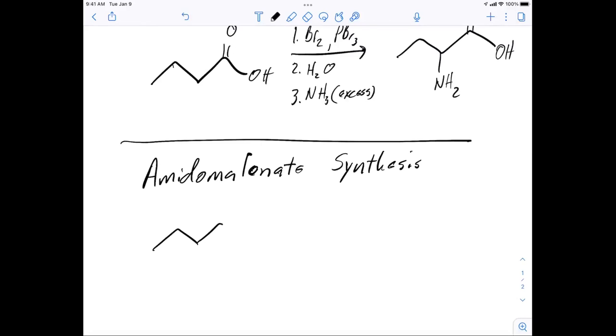It starts with a diester compound with an amide attached. So here in the alpha position, we have an amide. Okay, so that's the amidomalonate compound.